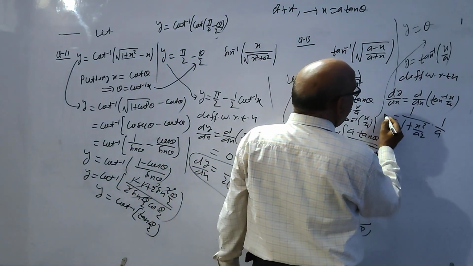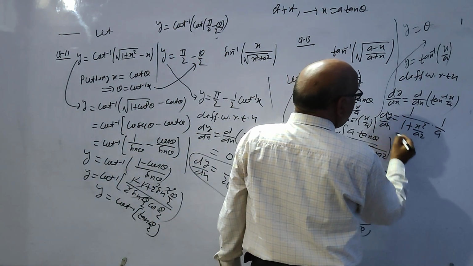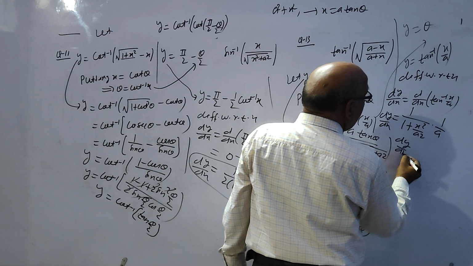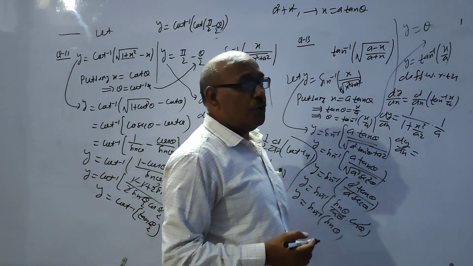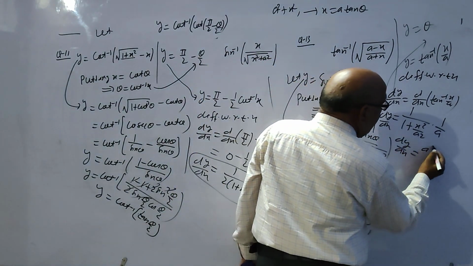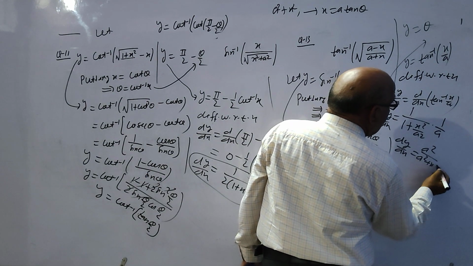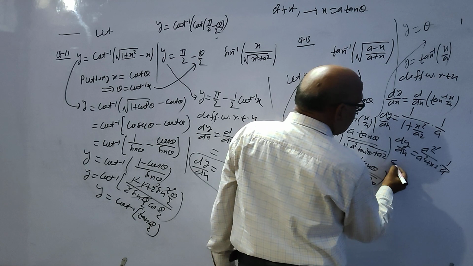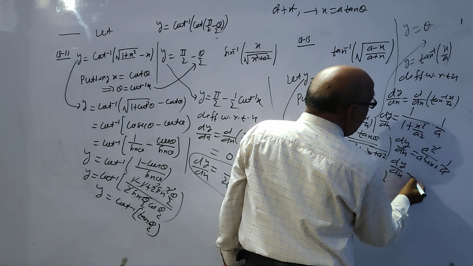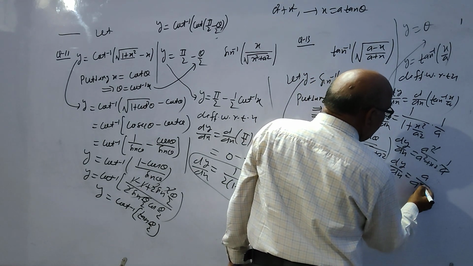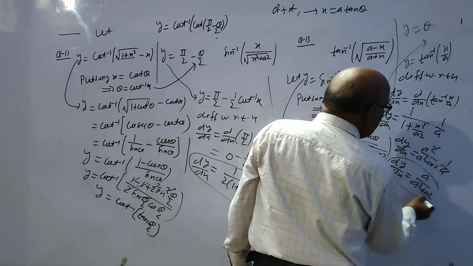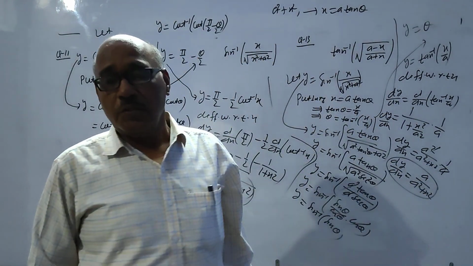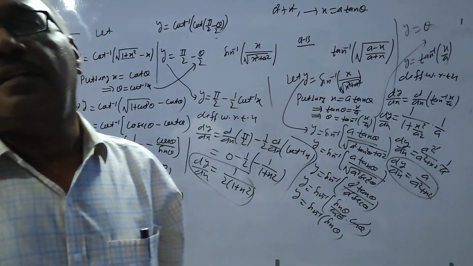Now finally dy over dx, taking a square LCM, and that will go in the numerator, so it is a square upon a square plus x square into 1 upon a. One power of a is cancelled out, and dy over dx is equal to a upon a square plus x square. So this is the final result.